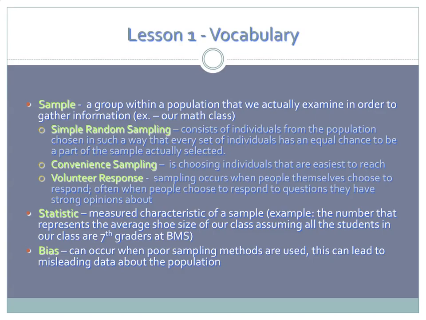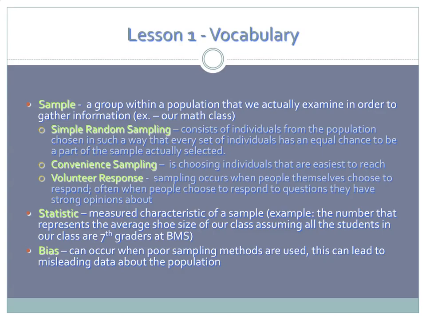So again, if I were to go back to that shoe size question, and I went to a math class, and I took the shoe size, or the height for that matter, of all 7th graders in a math class, that would be a statistic because it was a measured characteristic of a sample. I didn't use a population, I used a sample.